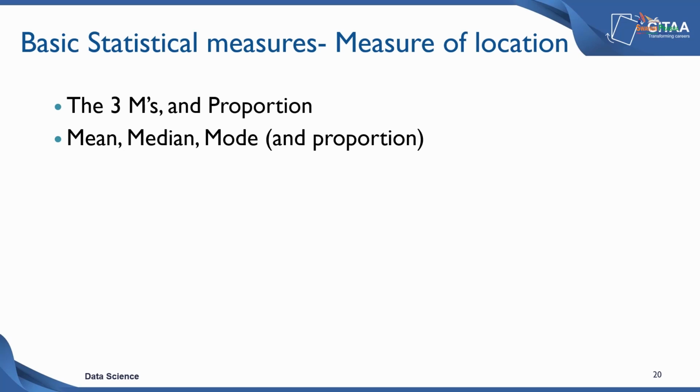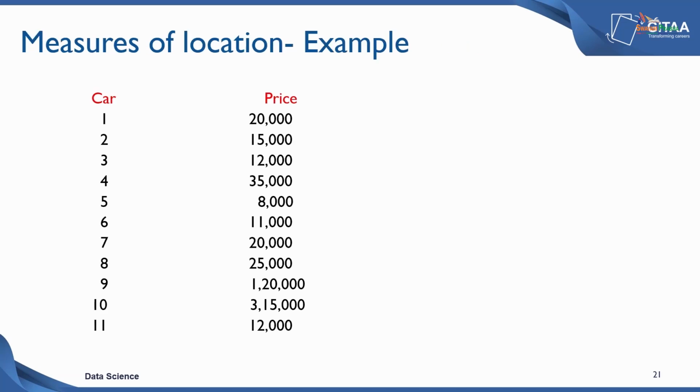Let's look at it through an example of even further reduced data. Supposing we had 11 different used cars, and the prices quoted for these cars range from 20,000 up to 315,000. The mean price is 53,909.